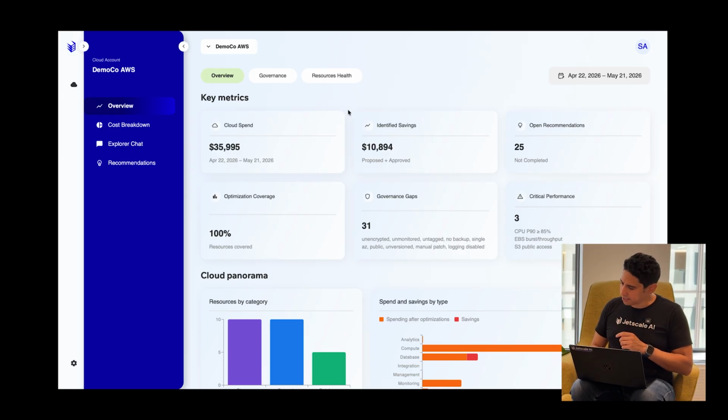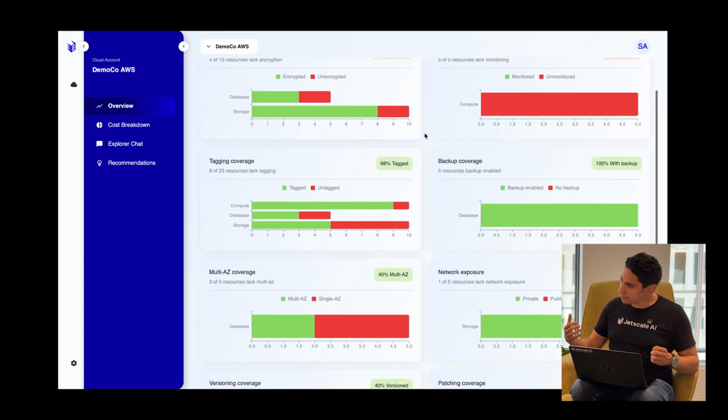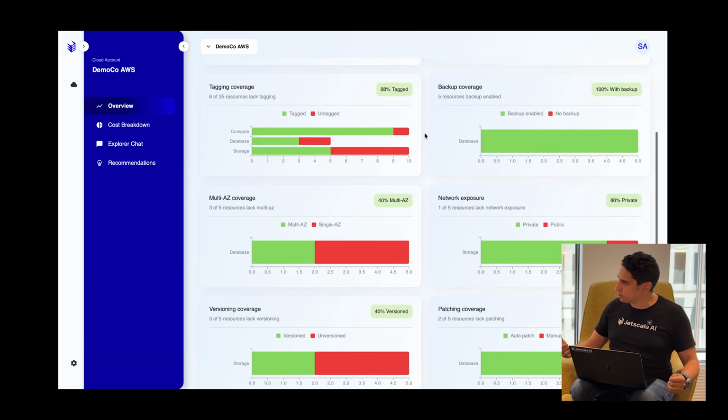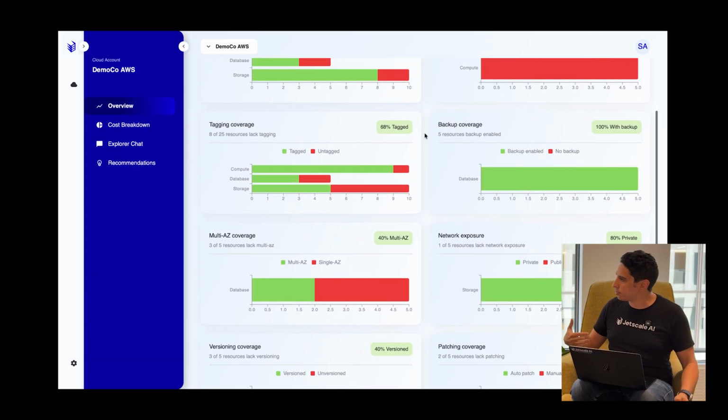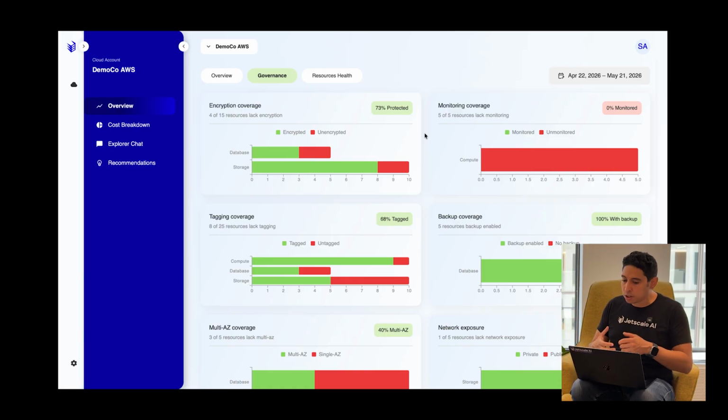But what's interesting, we went beyond cost optimization. We went into governance. Why is it important? Because a cloud that is well governed can avoid the risk of higher spends. It can avoid other issues that are not on the bill of the cloud, but also on the cost of engineering.